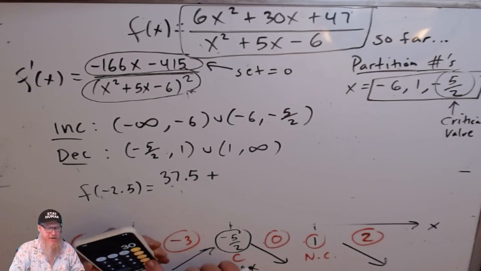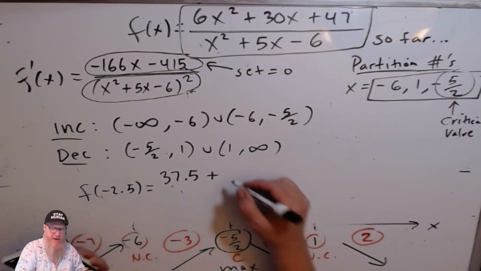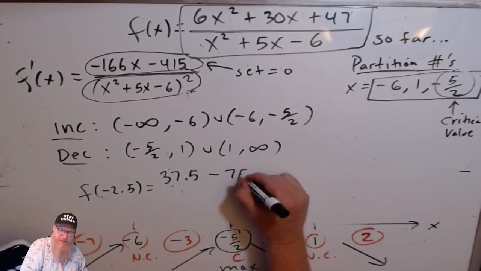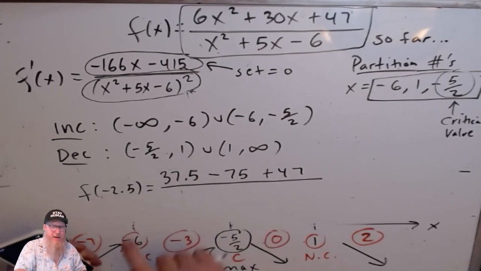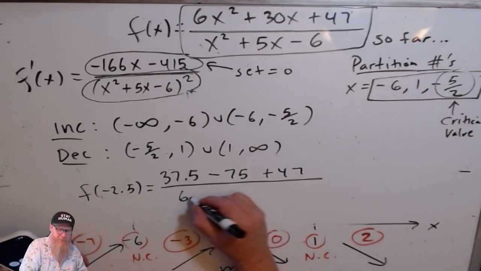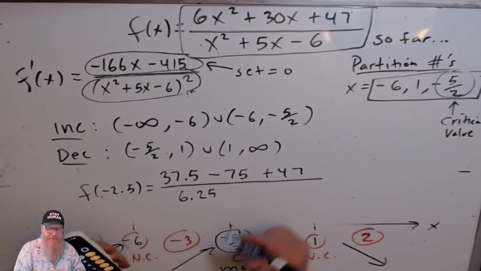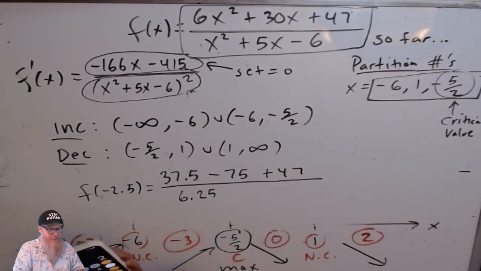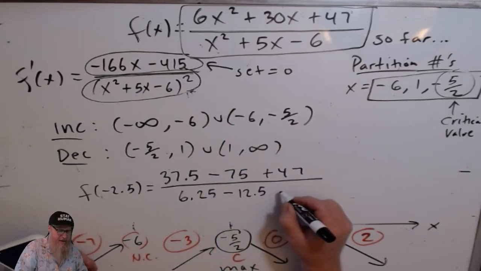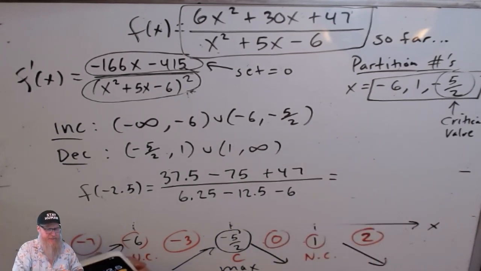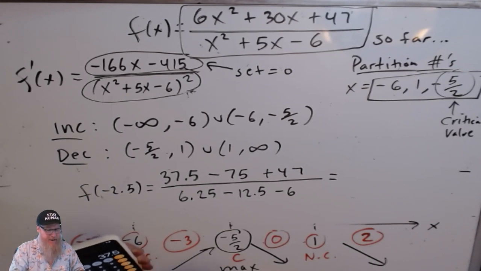And then I've got 30 times -2.5. So that's going to be -75 plus 47. And then on the bottom, I've got 2.5 squared, which is 6.25. 5 times 2.5, negative. So that'll be -12.5 minus 6. So then just go across. I got 37.5 minus 75 plus 47.